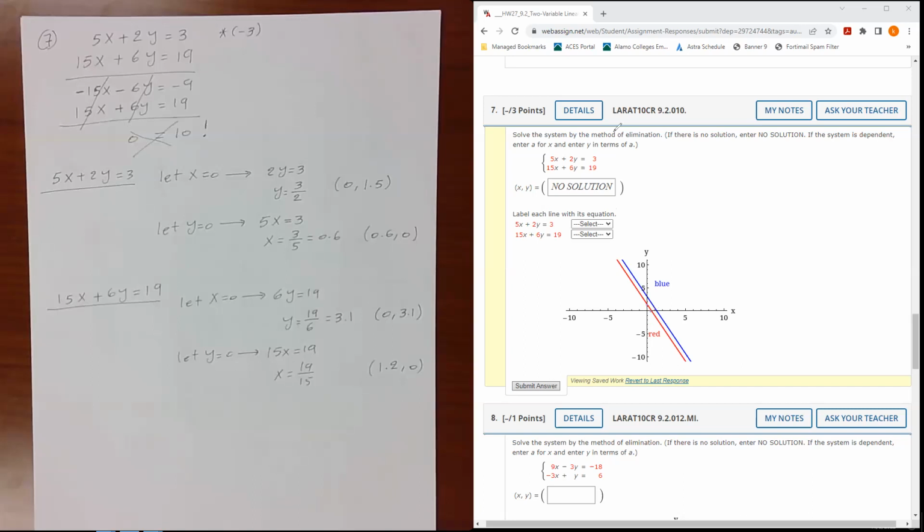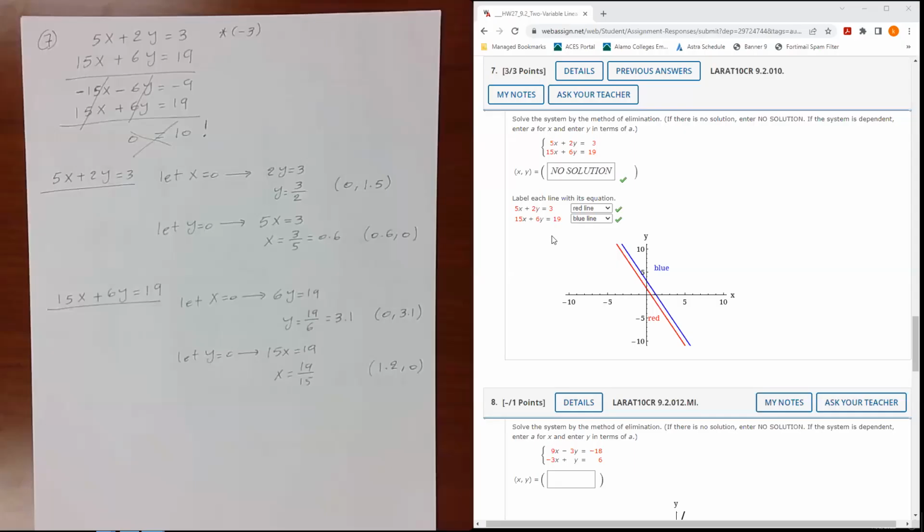So the first equation is going to be the red one. The second one is 100% the blue one. You got it right, and also you can check the points for the second equation. You're going to get exactly the same points on the blue line.